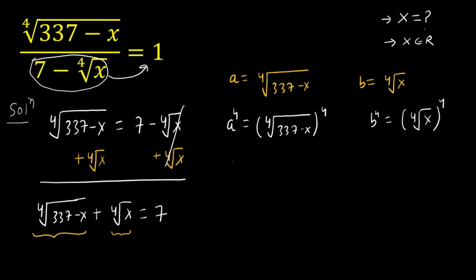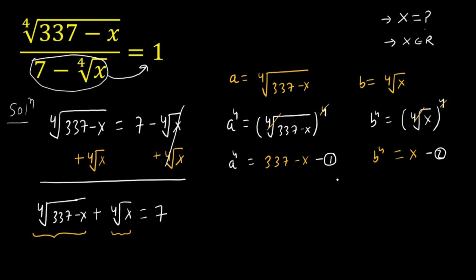Then on the left hand side a power 4, the fourth root is cancelled out by the power 4, so we get 337 minus x, and b power 4 equals x. Let us consider this as equation number first and this as equation number second.